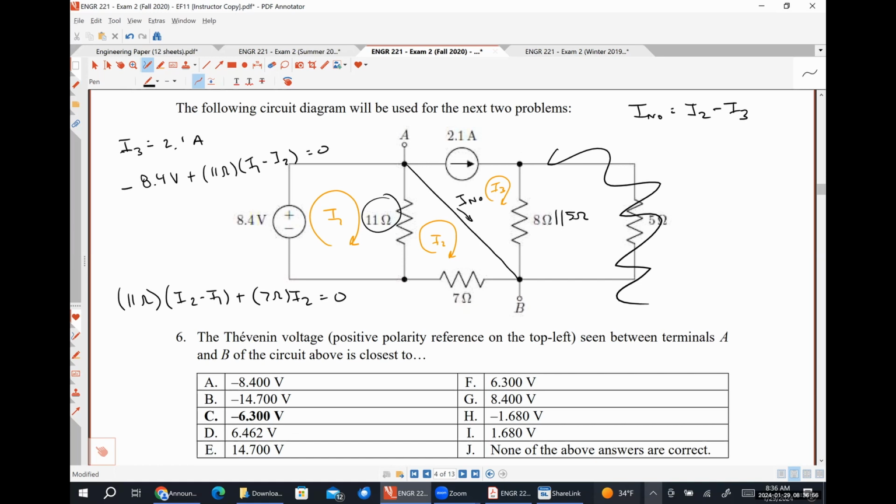So it's all about how we wind up redrawing it to make it work out okay. So I would leave this guy alone. Just arbitrarily, I know that's a poor explanation, but it seems more confusing to combine those two, because it's directly impacting the Norton current, I wouldn't touch it.